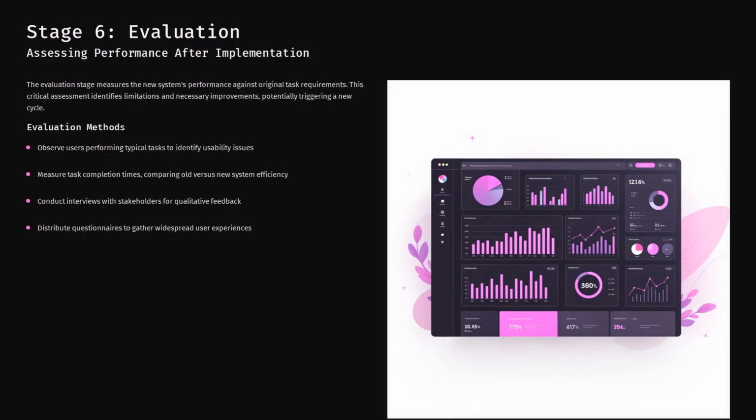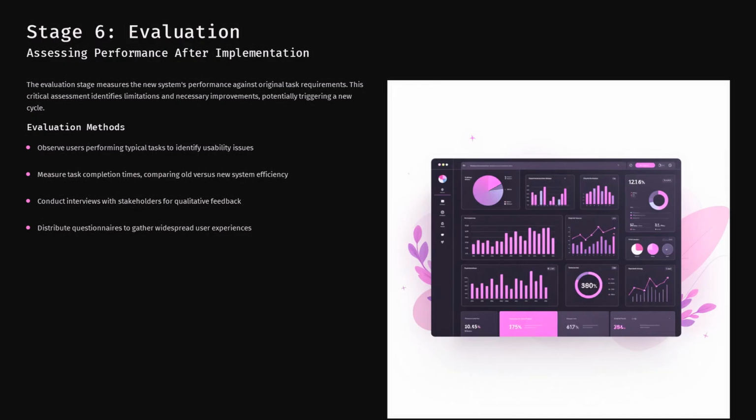Now, there are several evaluation methods that can be used. First, observing users performing typical tasks helps identify usability issues. Maybe a screen is confusing or a process takes too many steps. Second, measuring task completion times allows you to compare the old system versus the new system's efficiency. Is it actually faster, or did we make things worse?